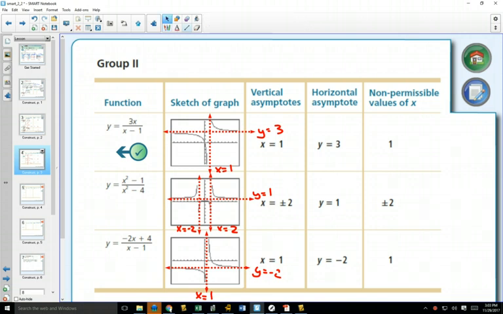Now, something that comes into effect here is, in this case, I have an x minus 1 on the bottom. So if we think about money, and 1 is $1, right? If you collected money and you just barely scrounged up enough money to go to the vending machine to buy a drink.